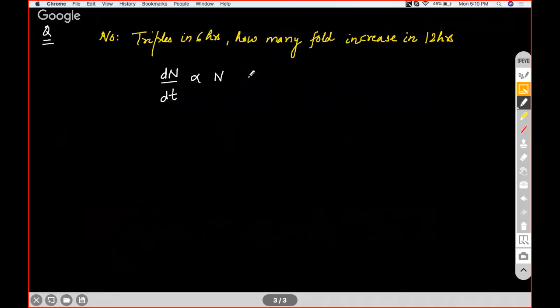What will I write here? Minus N, that's absolutely correct. So here if I have to remove the proportionality constant, I would put a k, and at the same time I need to keep in mind that k would be a positive term here. Is that fine? Now I'll make use of again the variable separable method.